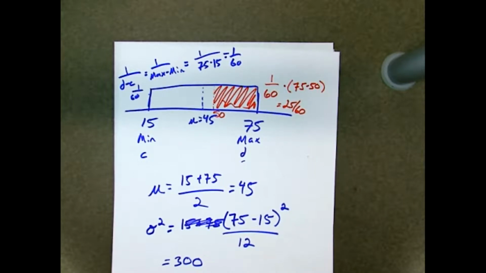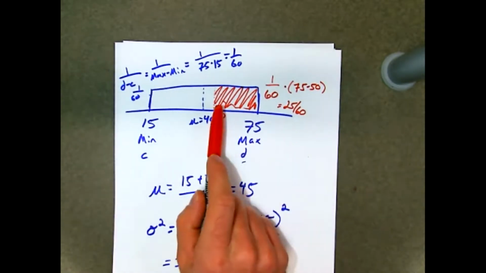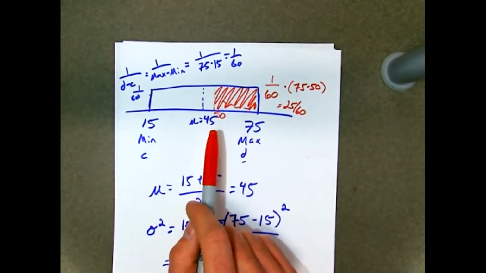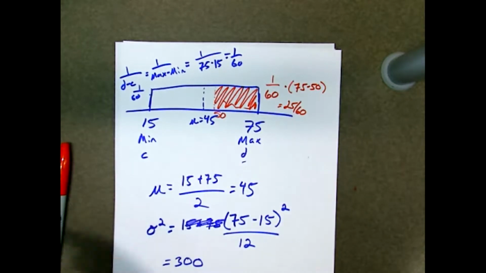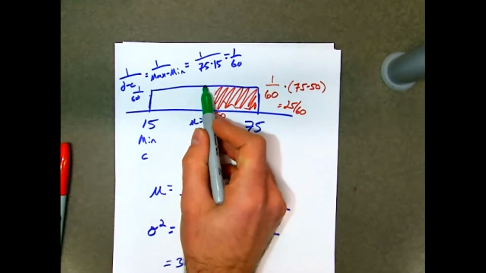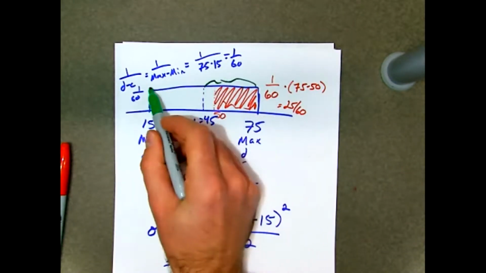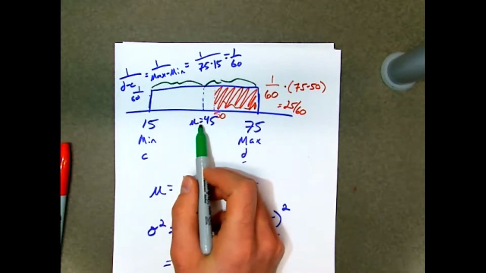But right away, when I was looking at this one, what value did I know the probability of being greater than 50 has to be less than? What area would be to the left and the right of the mean?